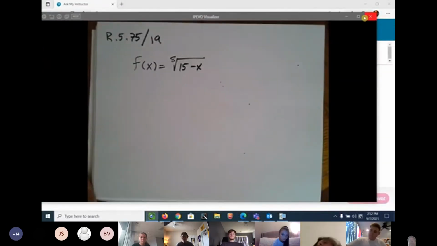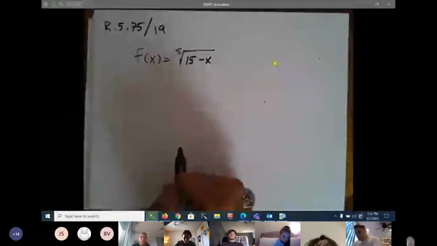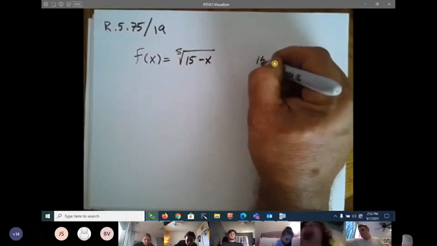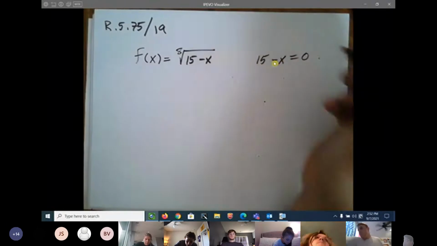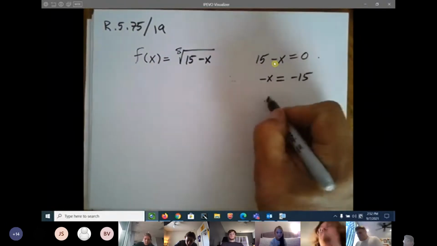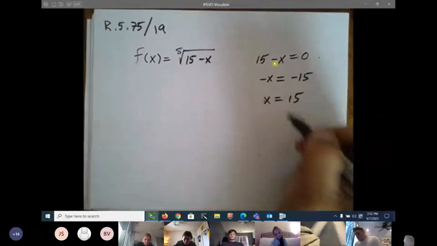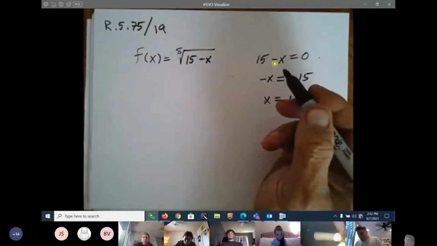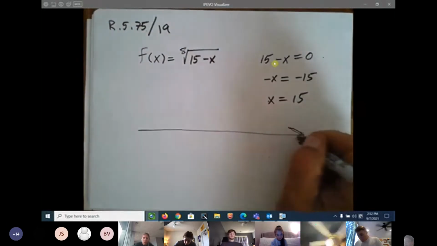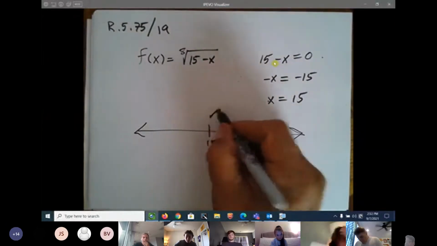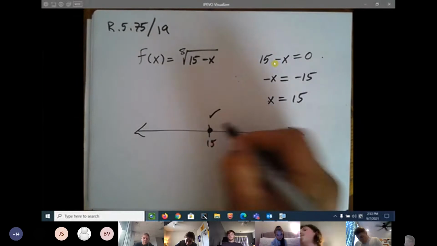So we cannot take the even root of a negative number. So 15 minus x is equal to 0. Negative x is equal to negative 15. X is equal to 15. So if I plug 15 in here, I'm going to get 0, which I can take the root of. 15 is okay. I can use 15.